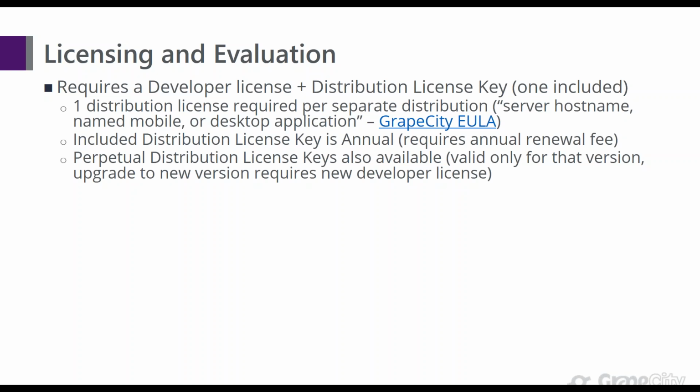So you would need to upgrade and purchase a new perpetual distribution license key for the next major release version, whereas with the annual fee, if you continue paying it, you can continue using the latest version. You get automatic upgrades to the latest version as part of the subscription when you pay the renewal for the developer license and the distribution license.